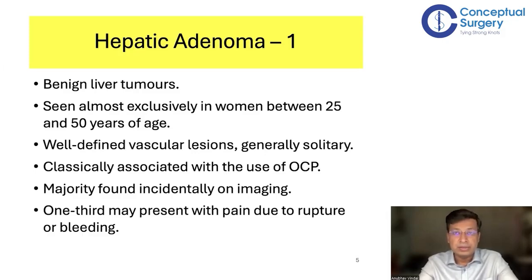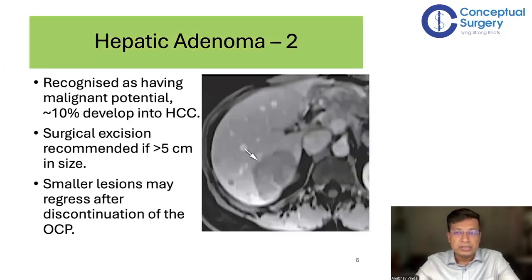Now, because these are vascular lesions, if there is a rupture, it will amount to bleeding, and this bleeding can stretch the capsule and cause pain secondary to stretching of the capsule of the liver. Now, this is how hepatic adenoma looks on a CT. So this is a cross-sectional imaging where you can see a hepatic adenoma marked with an arrow.